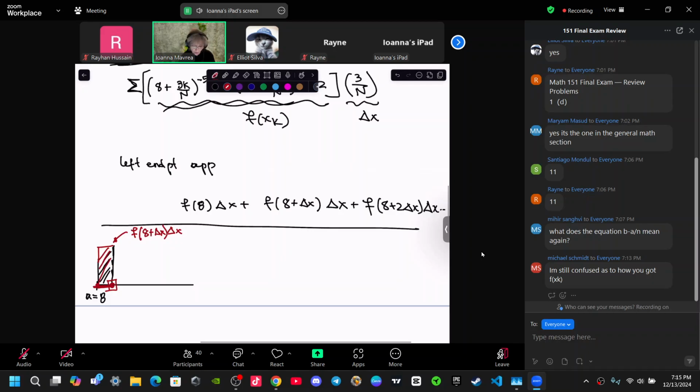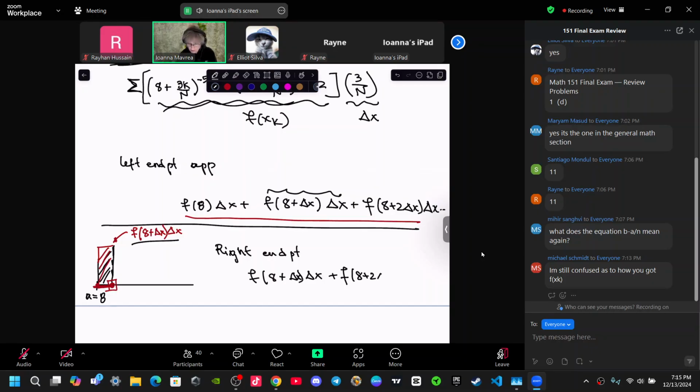Because regardless whether you use the left endpoint approximation or the right endpoint approximation, the right endpoint approximation looks like this. The sum is f of 8 plus delta x, that's the first term, times the width, plus the next height times the width, plus the next height times the width, and so on.